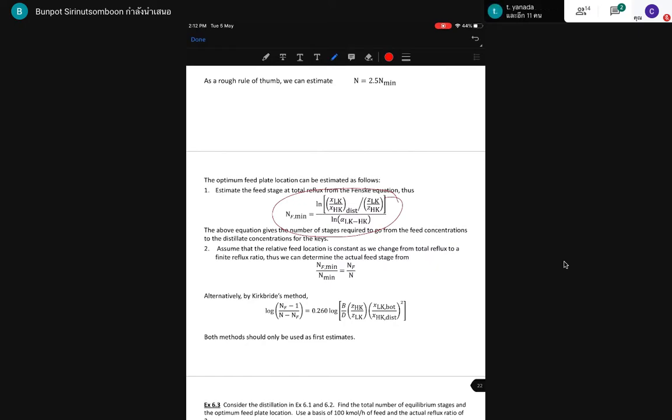Then we assume that the ratio between NF and N is the same, whether it's at the minimum number of stages or the actual number of stages. We assume the ratio is the same, so you can use this ratio to find the actual NF to use.